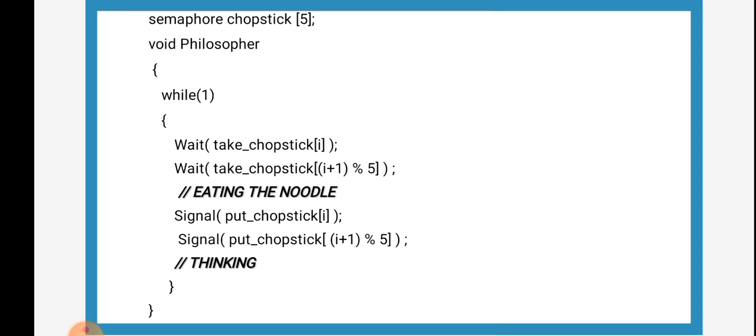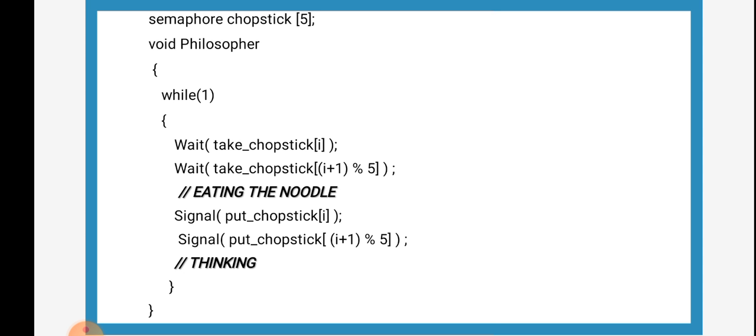We don't initialize the chopsticks to 0, because the wait operation decreases the value of a semaphore. If I initialize a chopstick to 0 and decrease it, it will stay 0. Hence we need to initialize its value to 1.